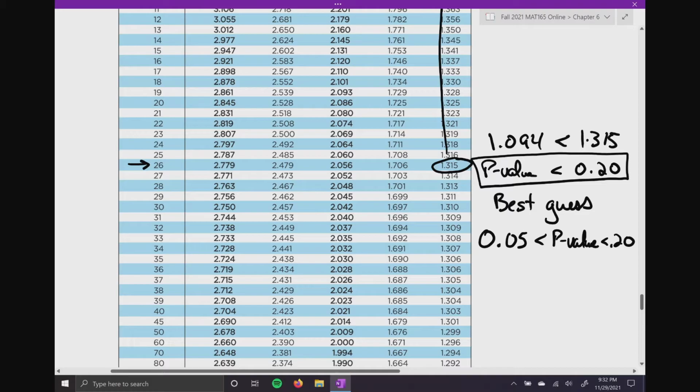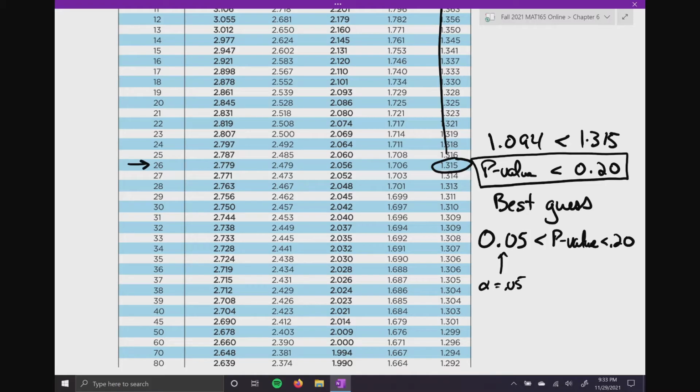Now, if you're asking yourself, which you should be, where did I get the 0.05 from? Remember, this was alpha that was given to us in the problem, okay? And we know we failed to reject the null, which means our p-value has to be larger than 0.05.